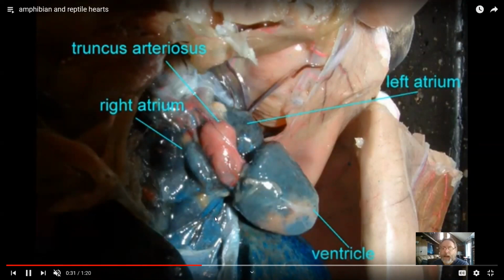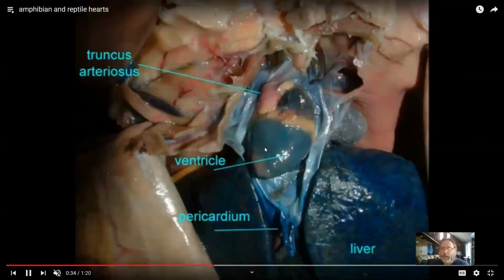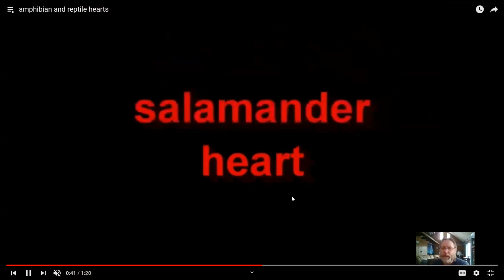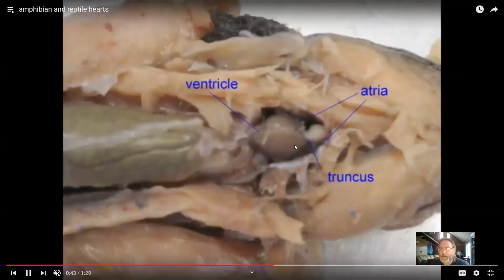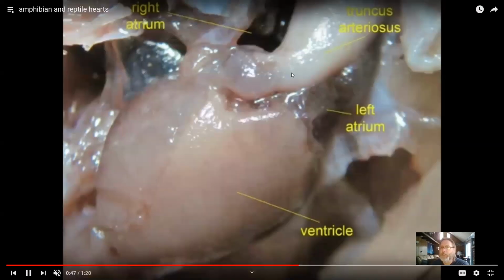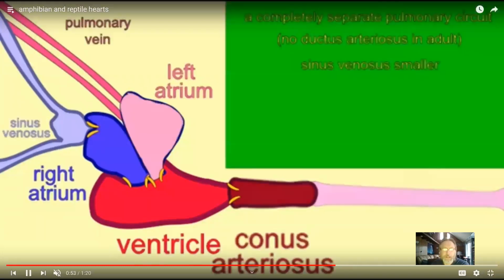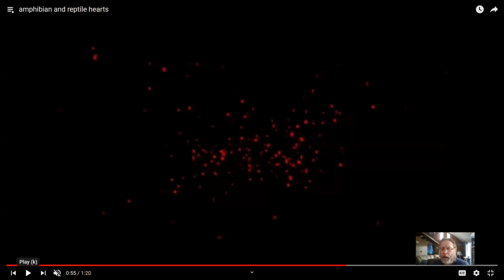And there is still a sinus venosus. So here's the large ventricle. I've cut the pericardium, right and left atria there. And then the same would be true of the salamander. So you have the ventricle, the truncus arteriosus, and two separate atria. This is about the same situation in reptile hearts.